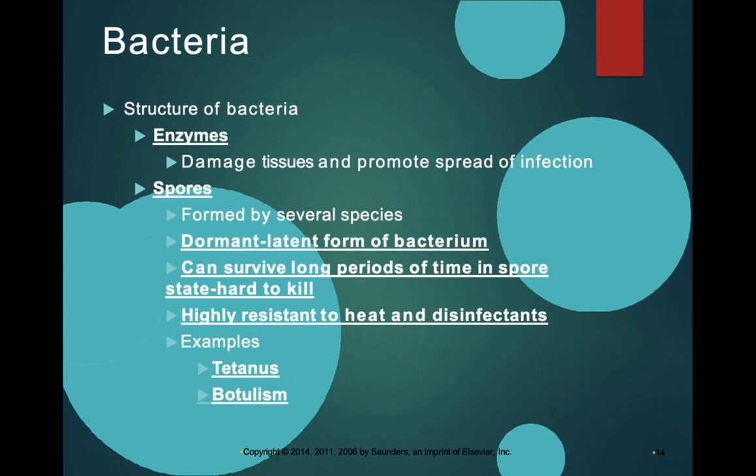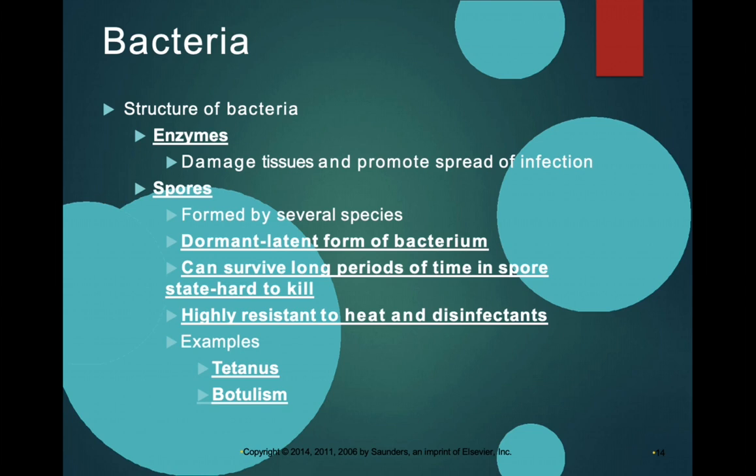Now, spores, as we showed you in that illustration before, can be dormant. What does that mean? Dormant is a latent form of the bacterium. They can survive long periods of time in that spore state. They're very, very hard to kill.